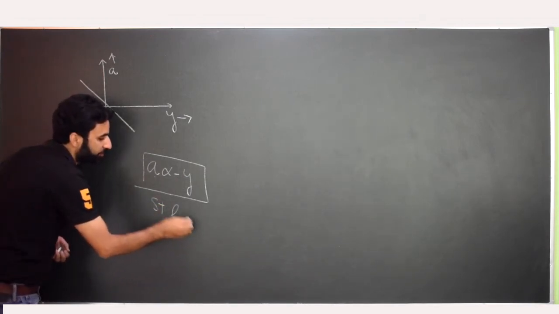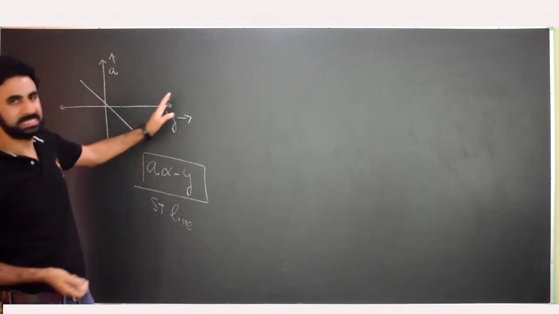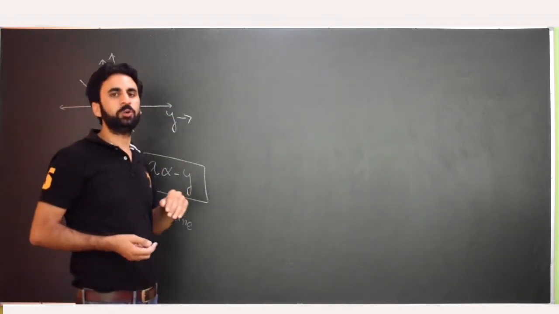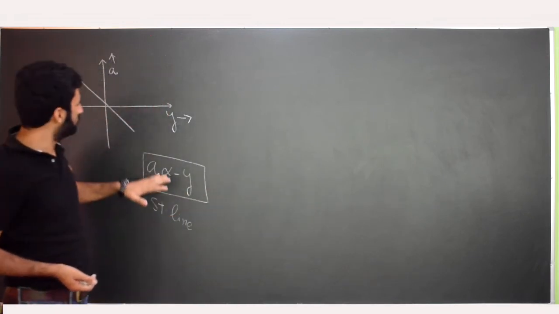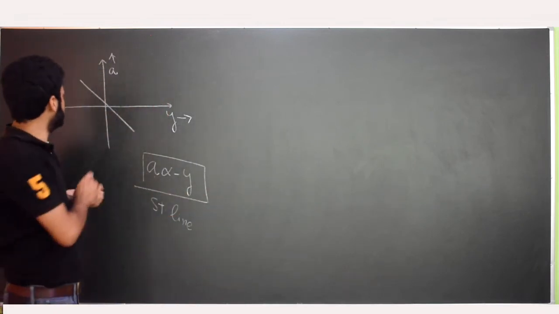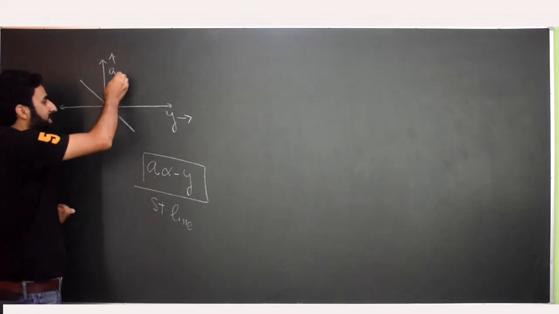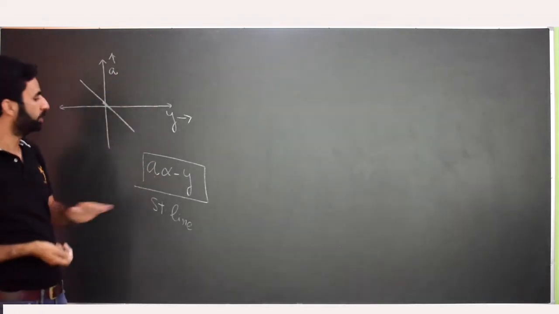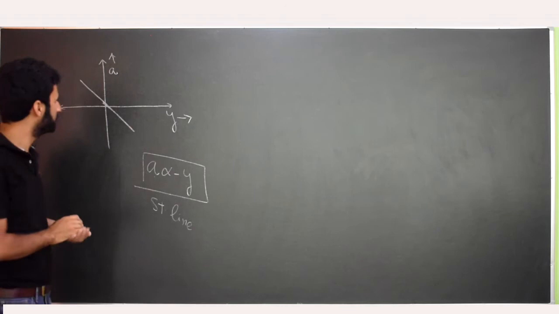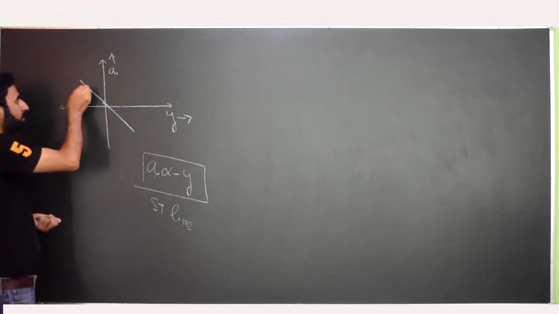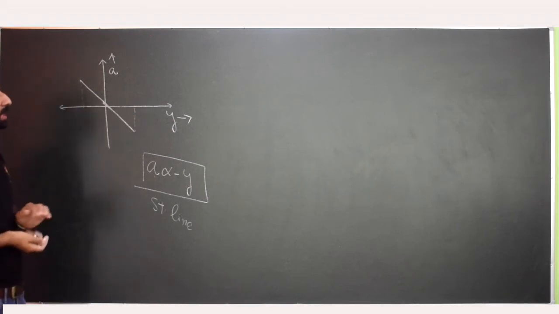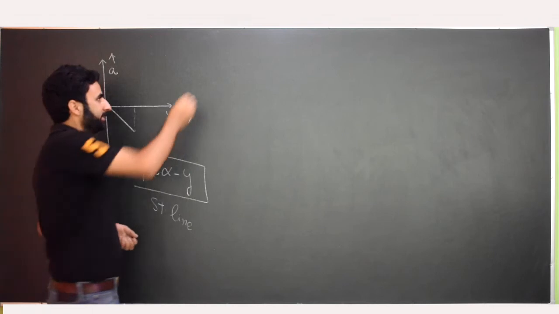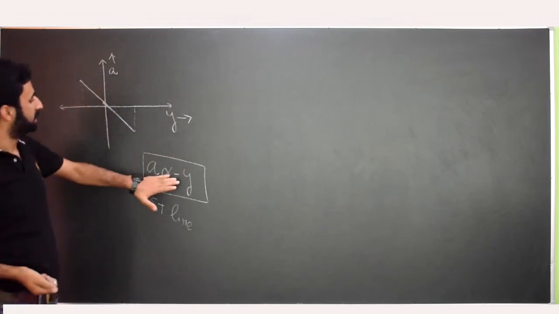The way we tried to find out the graph between velocity and displacement of a particle in simple harmonic motion, which was found to be an ellipse, on the same footing the graph between acceleration and displacement of a particle executing simple harmonic motion is a straight line. So this will be the graph we will be getting in case of acceleration of a particle in simple harmonic motion. It will be a straight line, but obviously there is a negative sign.